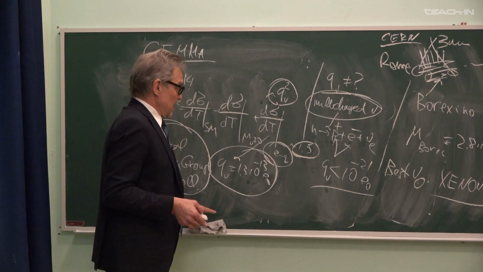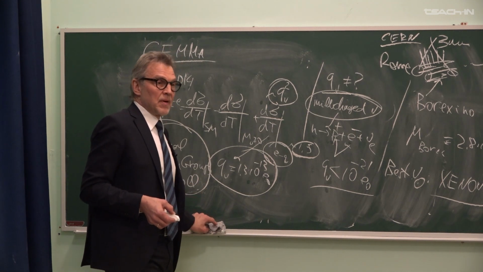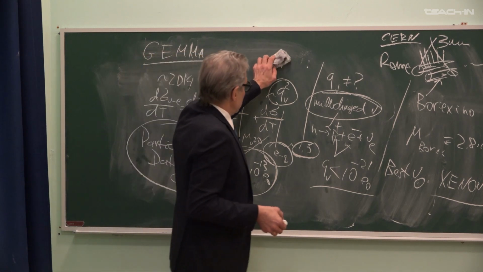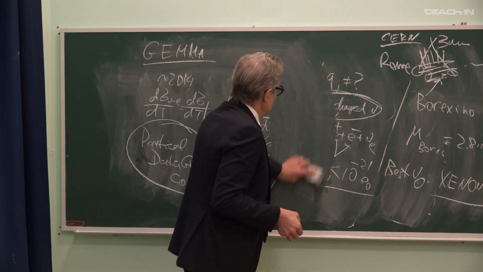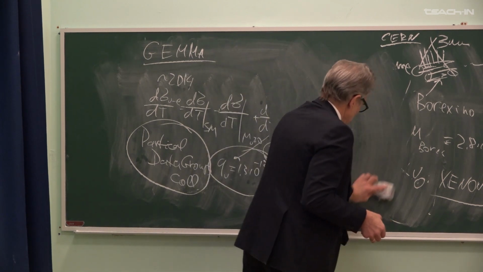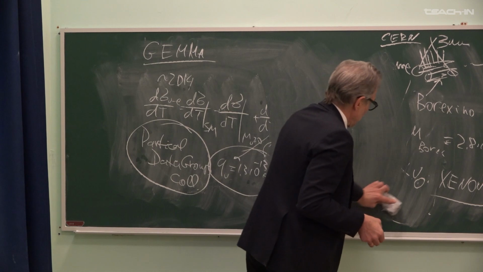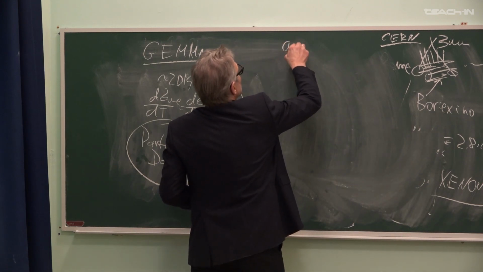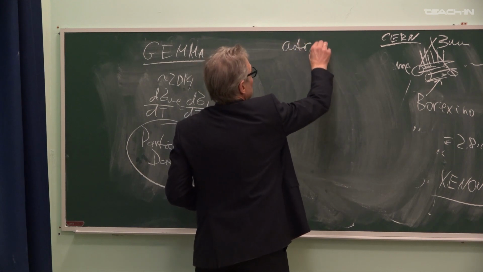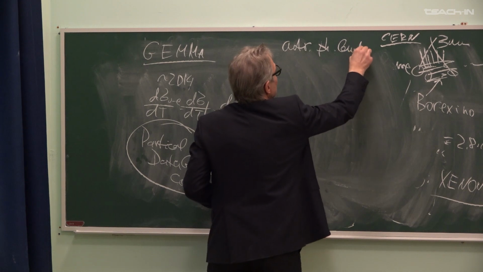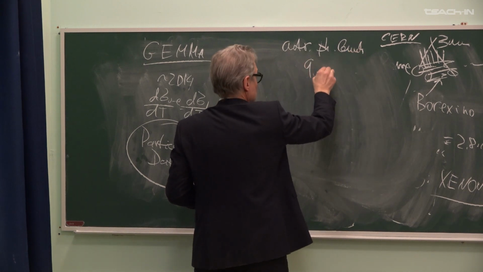By the way, the best astrophysical bound also comes from our paper with my student and postgraduate student, Ilya Tokarev, on neutrino millicharge.